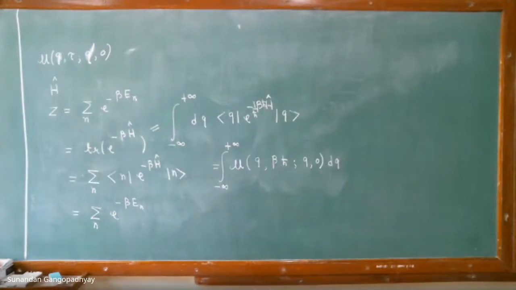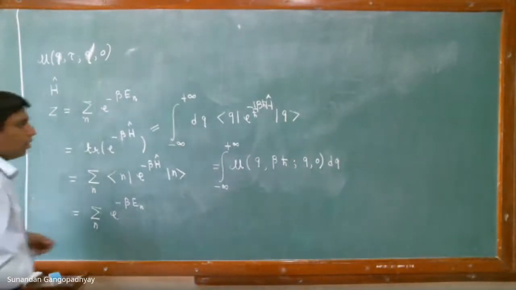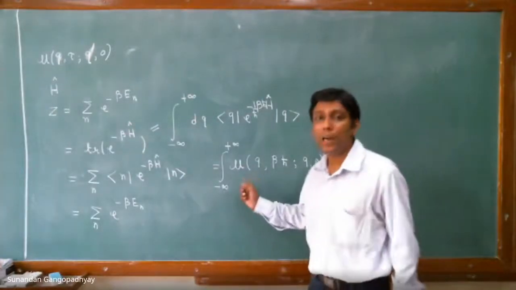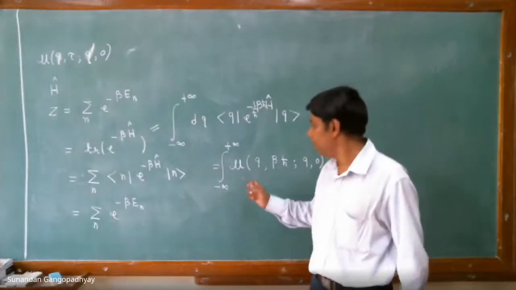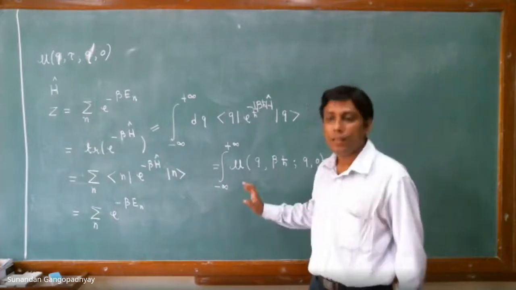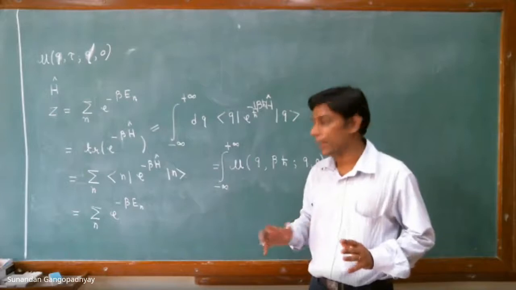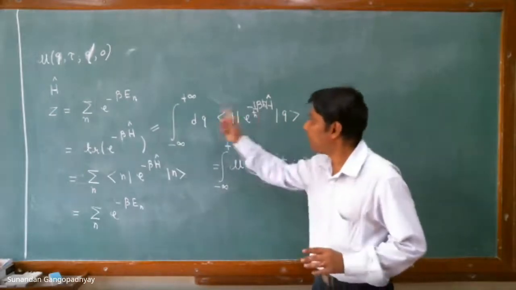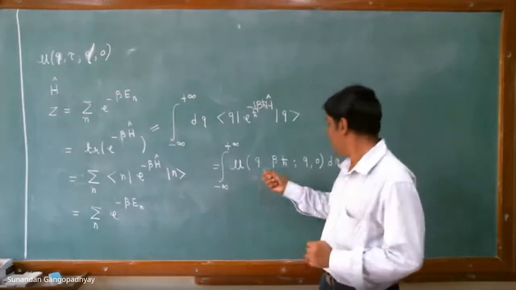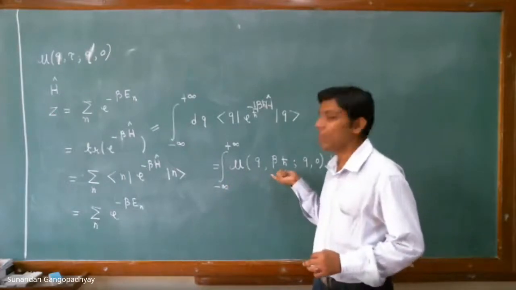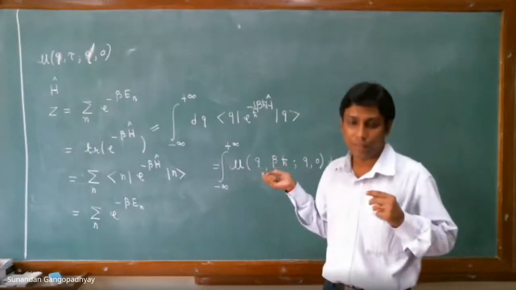I would ask you to recall that we had actually calculated earlier in the real-time formalism these kind of things. We had calculated the spatial integral of the propagator, and this partition function is nothing but the spatial integral of this propagator, with the only difference that we have a beta h bar sitting over here.